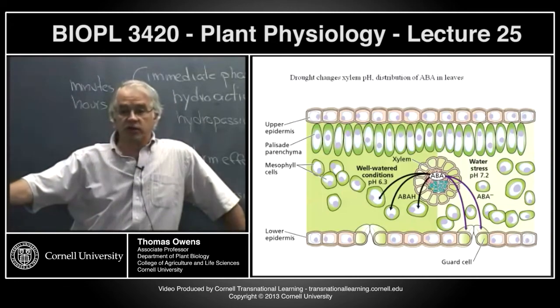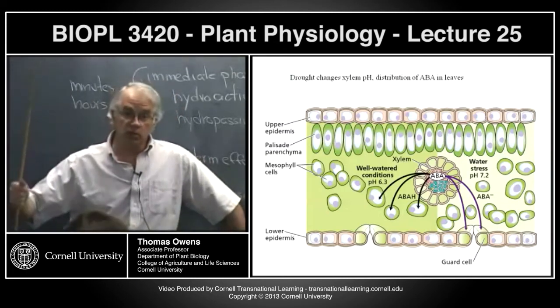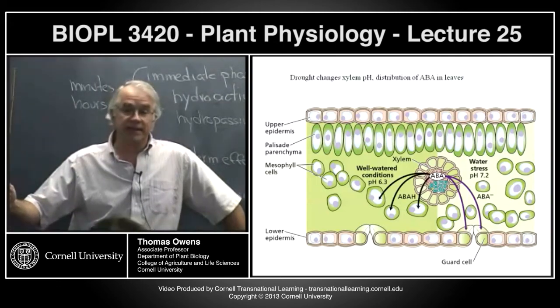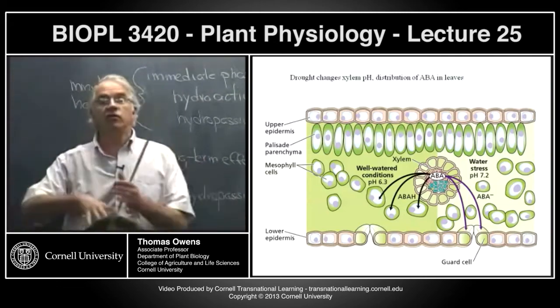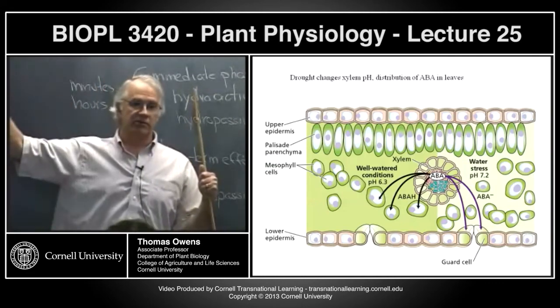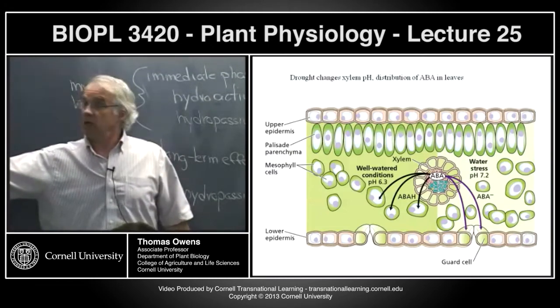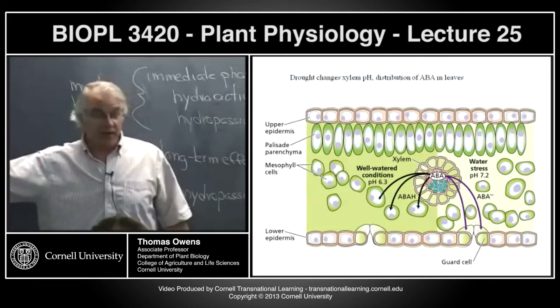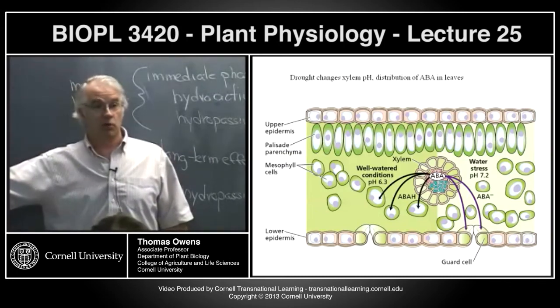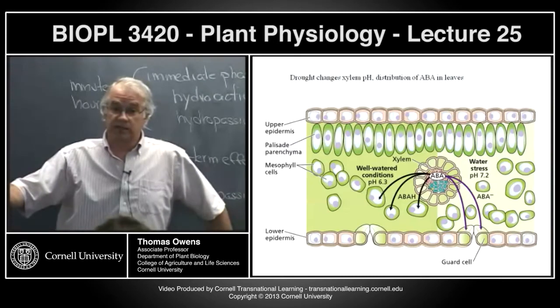How is this going to affect the distribution of ABA within the leaf? Well, remember, we talked about the fact that ABA tends to accumulate in regions where the pH is lower. So if we're only going to consider ABA in cells versus out of cells, under well-watered conditions, the ABA would be favored to be in the cytoplasm or inside the cell because the pH of the apoplast is more acidic.